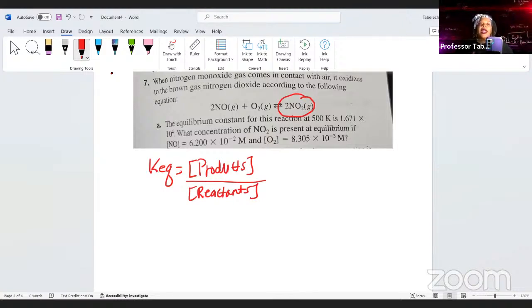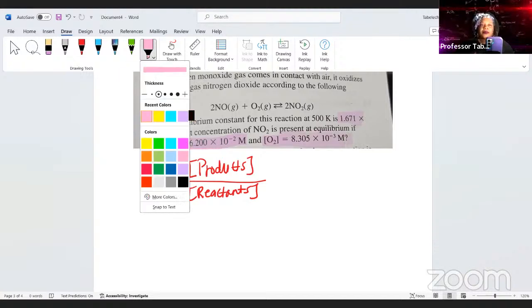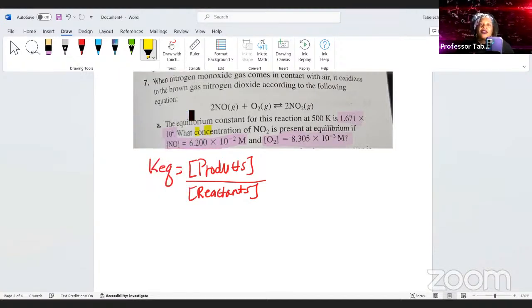In this particular case, they gave us the equilibrium constant, which is 1.671 times 10 to the 4th. They also gave us the concentration of NO and the concentration of oxygen. They want you to find the concentration of NO2. So that's what I'm highlighting. What's in yellow, that's what you need to look for.